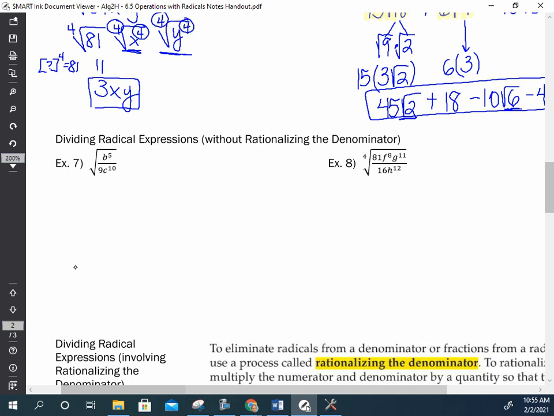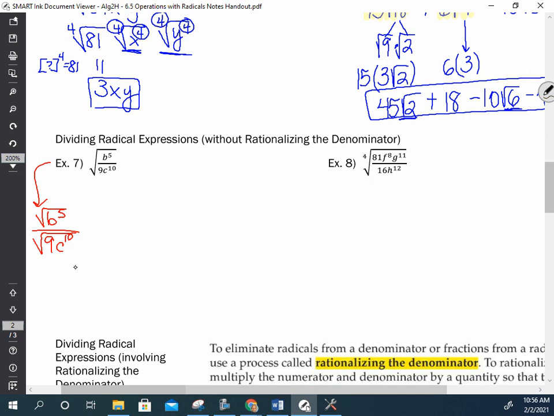So example 7, the square root of b to the 5th divided by 9c to the 10th. First order of business, take this problem and split it up. Now we solve each part individually. So, numerator, you have b to the 5th power.